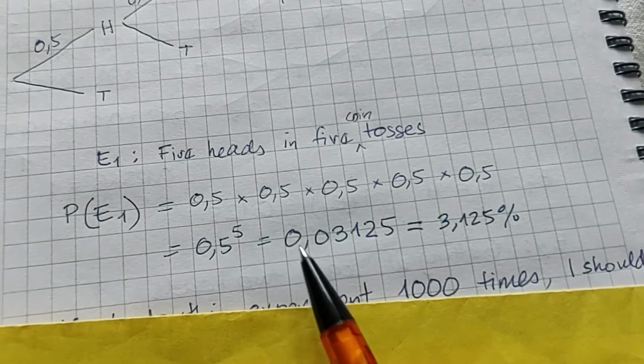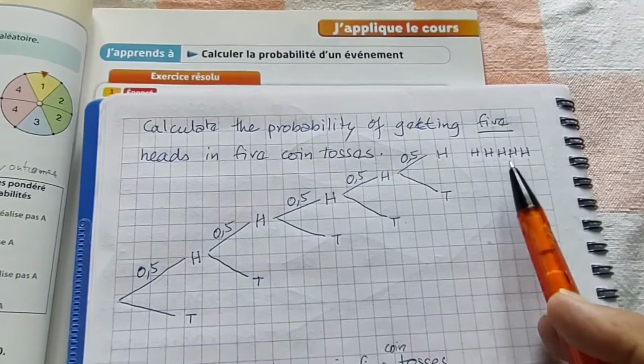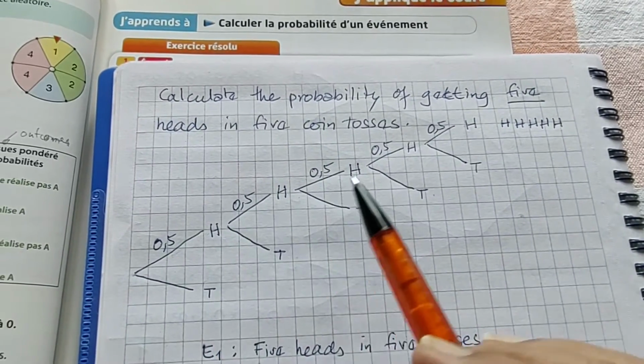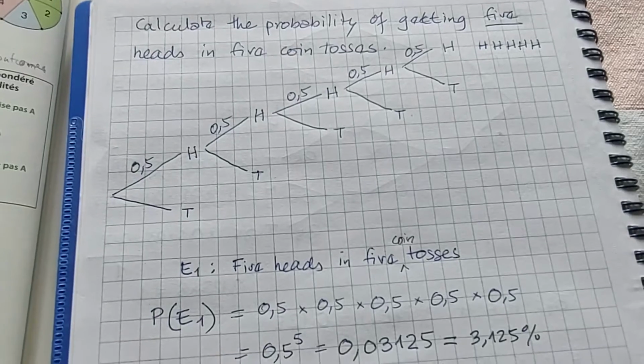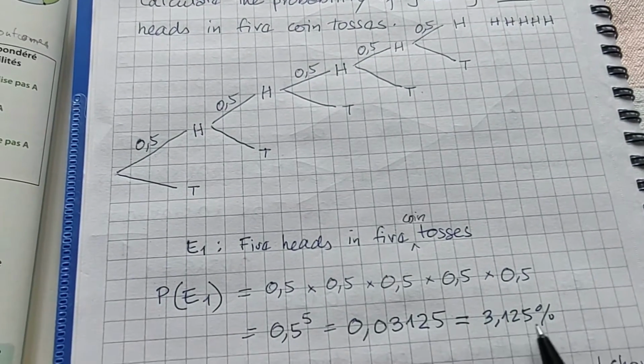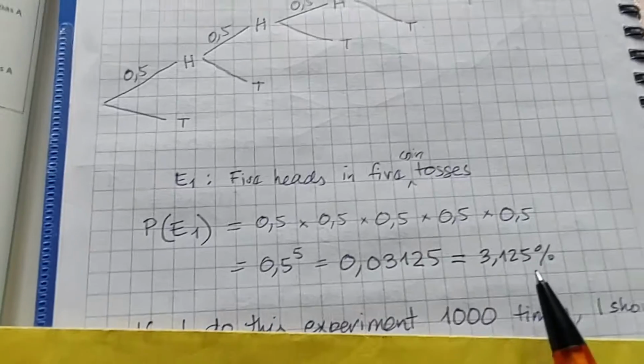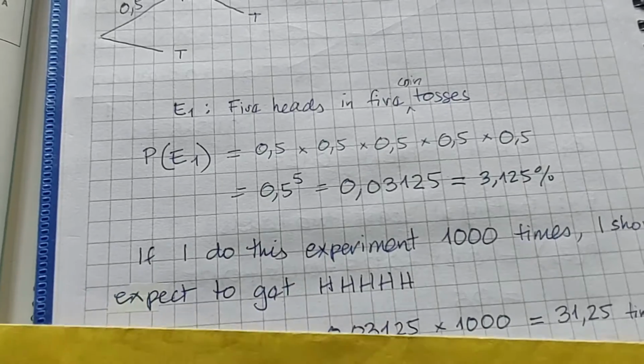So this is the probability of getting 5 heads in 5 successive coin tosses, and this is the same as 3.125%. So this is what I had said in the first video.